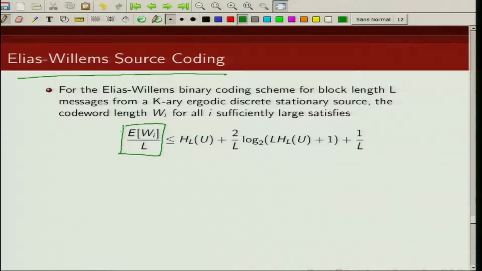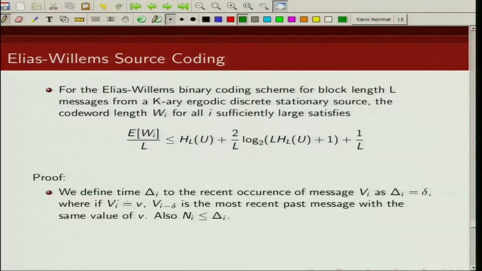We are going to show you that for an Elias-Willems source coding technique, where input is of block length L and we have a discrete stationary source, the expected code word length divided by L is upper bounded by this quantity. And if L goes to very large, you can see these terms becoming smaller and smaller. So this term is coming closer to entropy rate plus some small term.